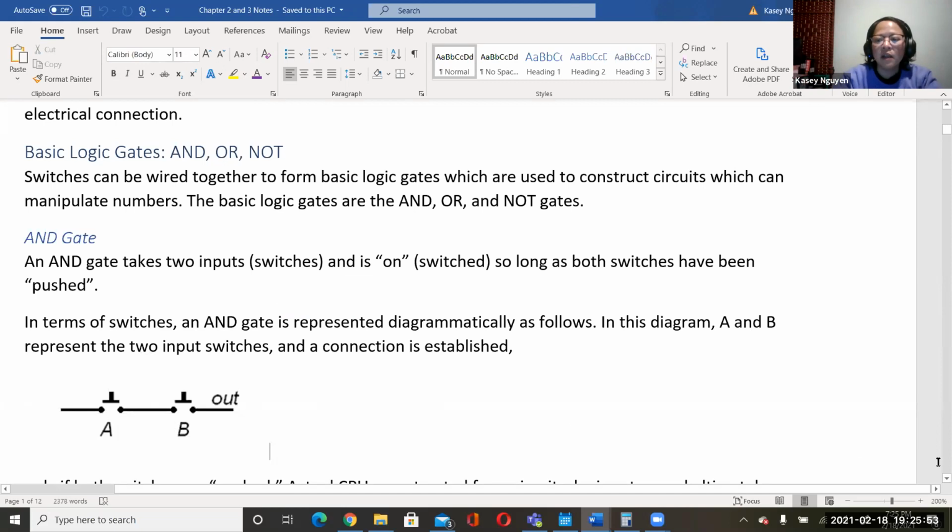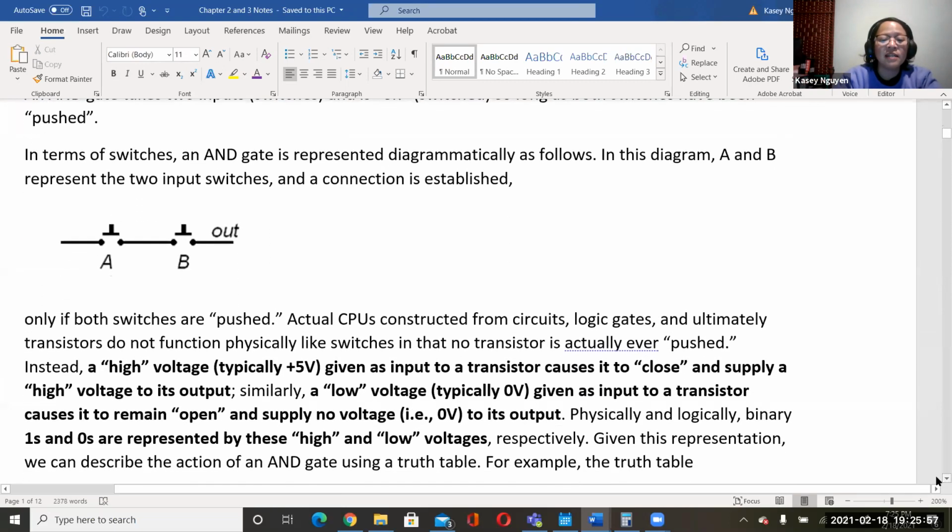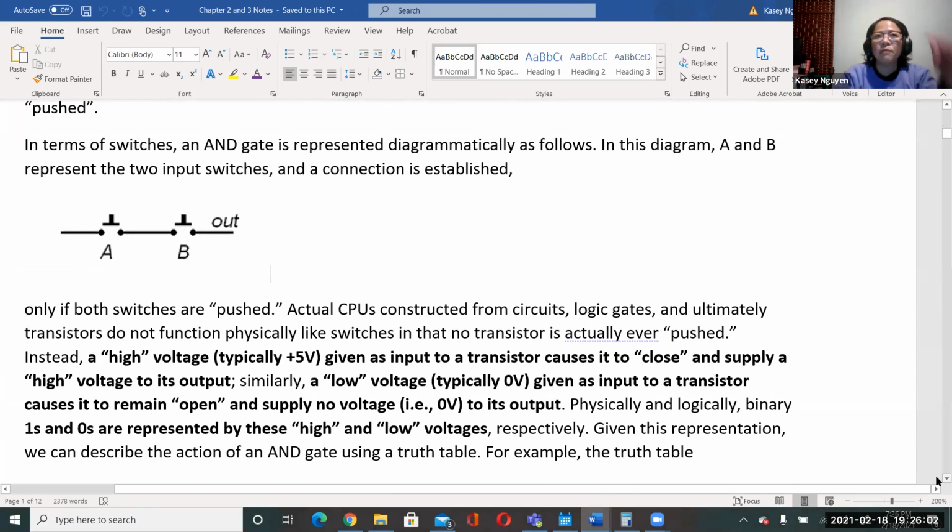Physically, that's what's happening with the switches inside the processor. When it's pushed like that, the voltage is given to the input. So it's pushing this voltage and it causes it to close.